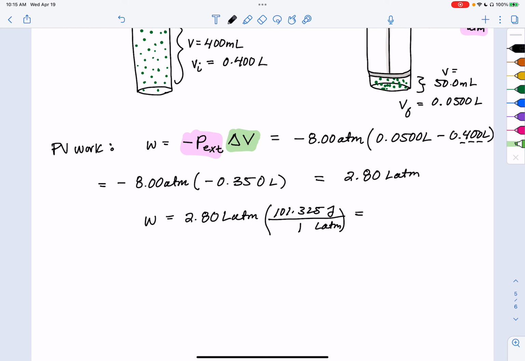Yep, I get, let's see here, negative 283 point 71. So I need 3 sig figs, but I am going to wait to round. Excuse me, it's not negative, it's positive. So then with significant figures, work is positive 284 joules.